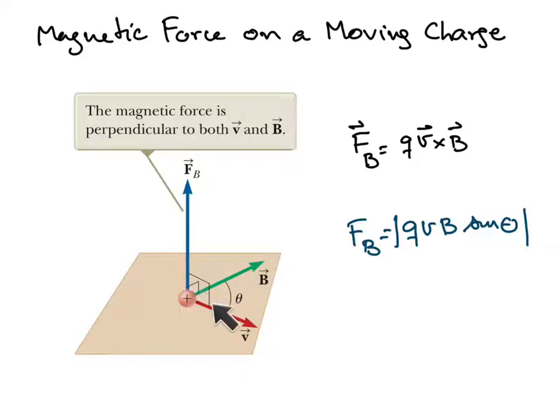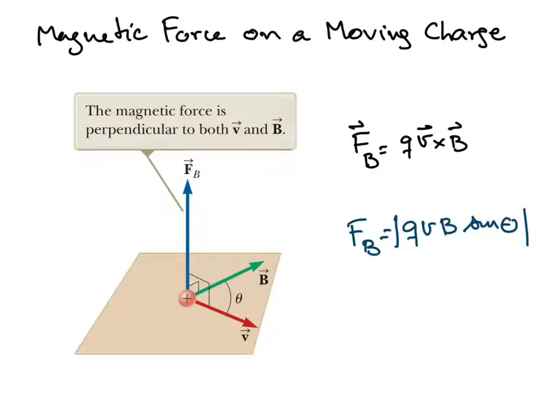This is the velocity vector, and this is the vector for the magnetic field. These two vectors lie on this plane, which means the plane can be formed from these two vectors, and the magnetic force will point perpendicular to this plane.